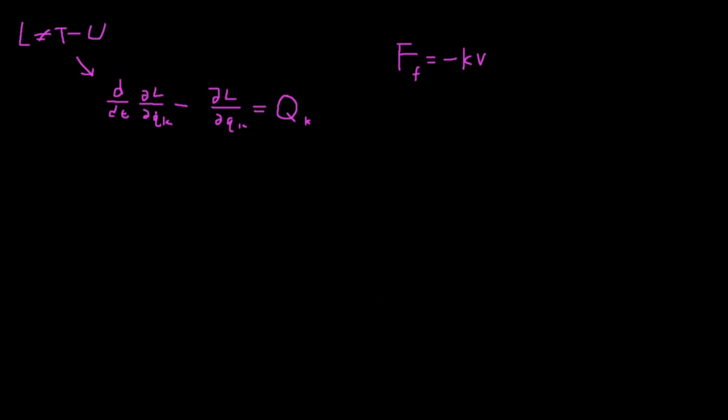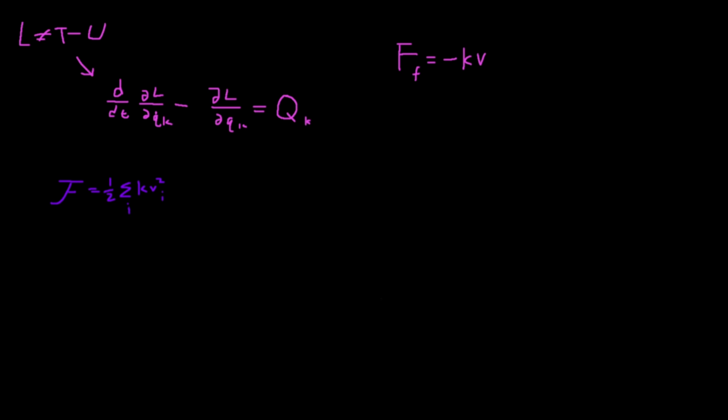Frictional forces of this type can be derived in terms of a function F. It's a fancy kind of F, and it's known as Rayleigh's dissipation function. So F equals 1/2 the sum of k v squared over all the particles in the system.